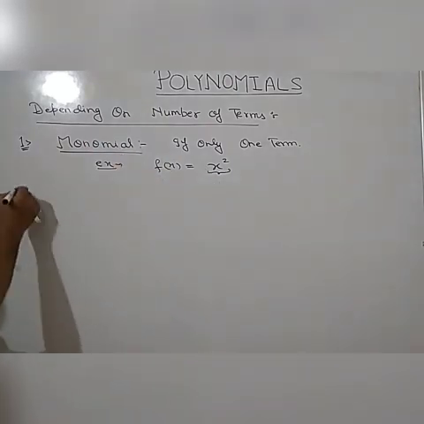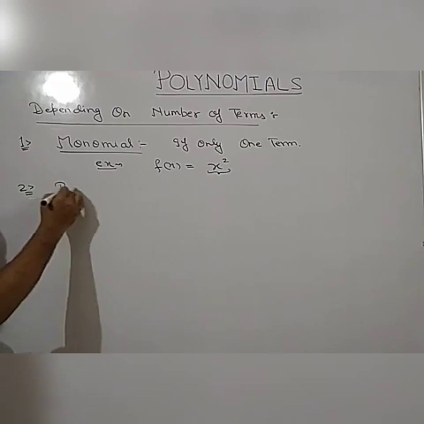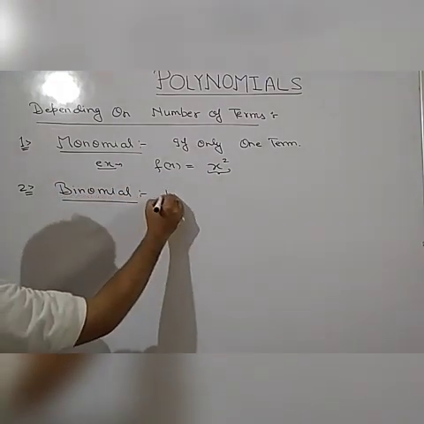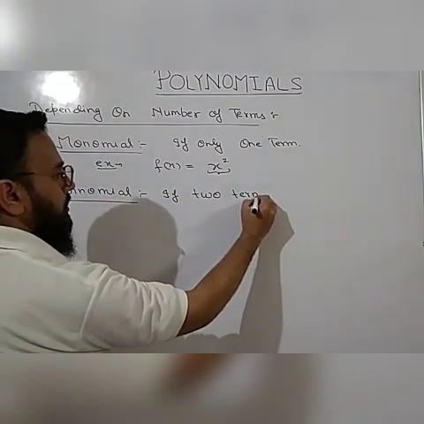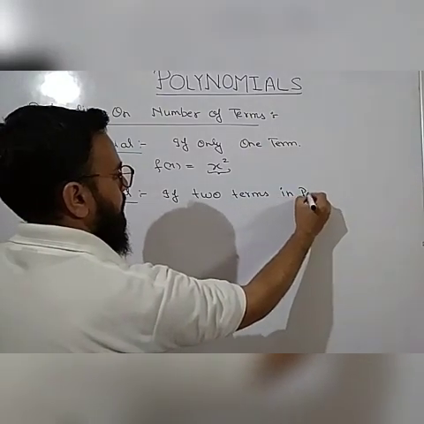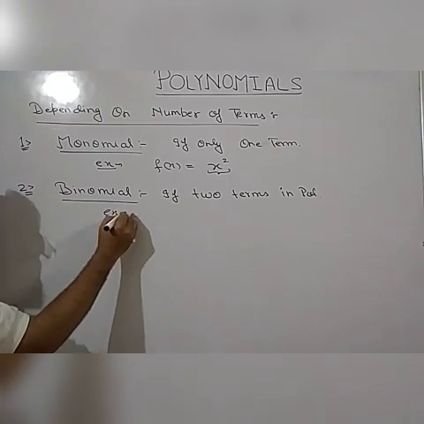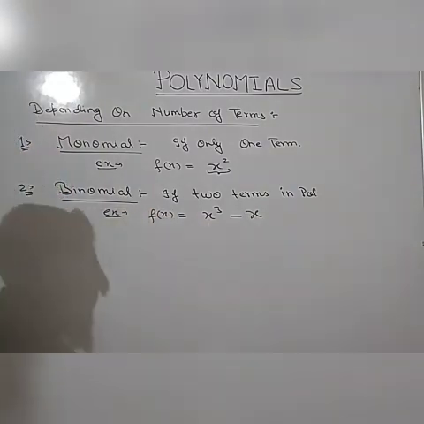Okay. Similarly, second one is binomial. If there are two terms in polynomial, then it is known as binomial. For example, f(x) is equal to x cube minus x.